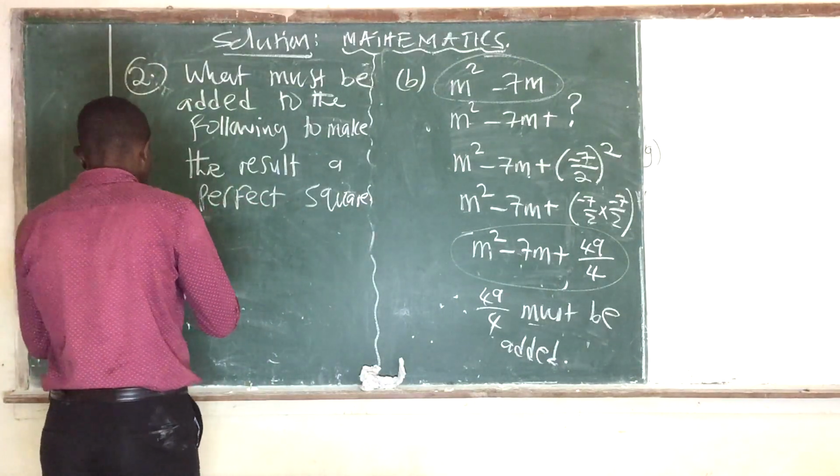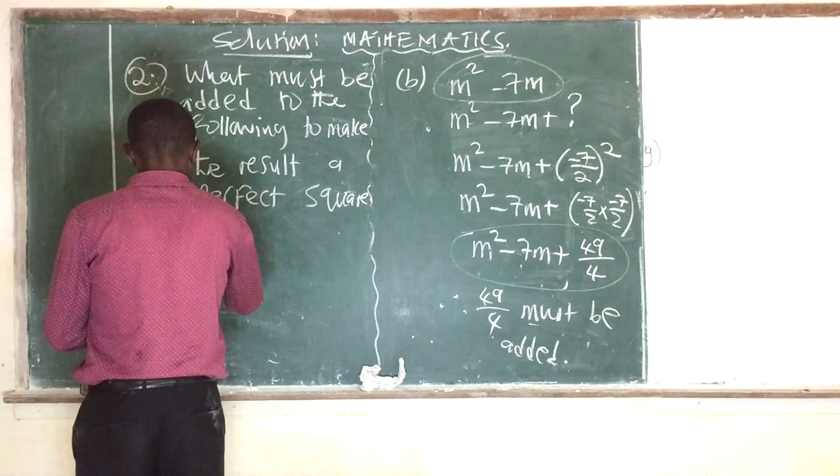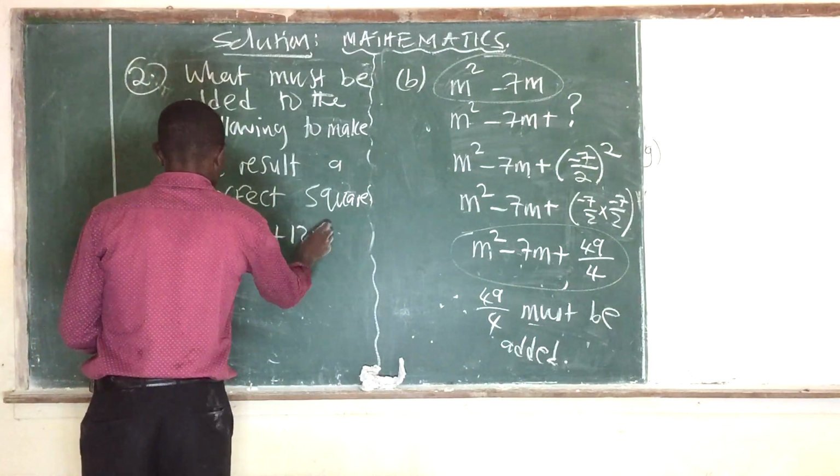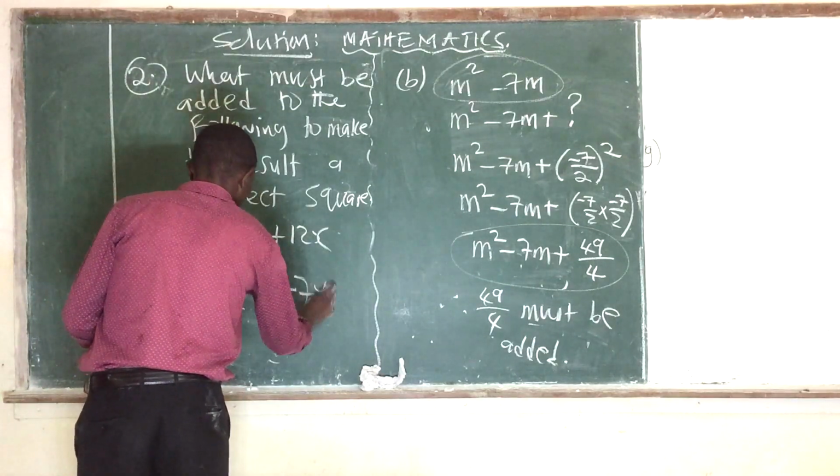Here I have got a, 4x squared plus 12x; b, 2y squared minus 7y.